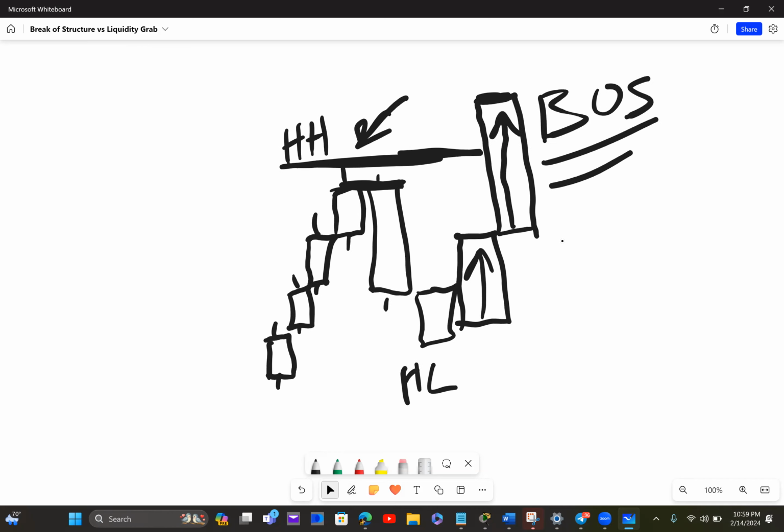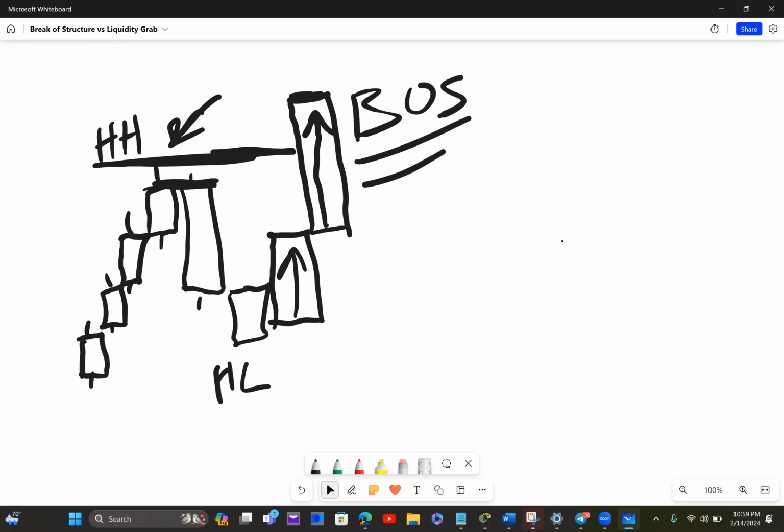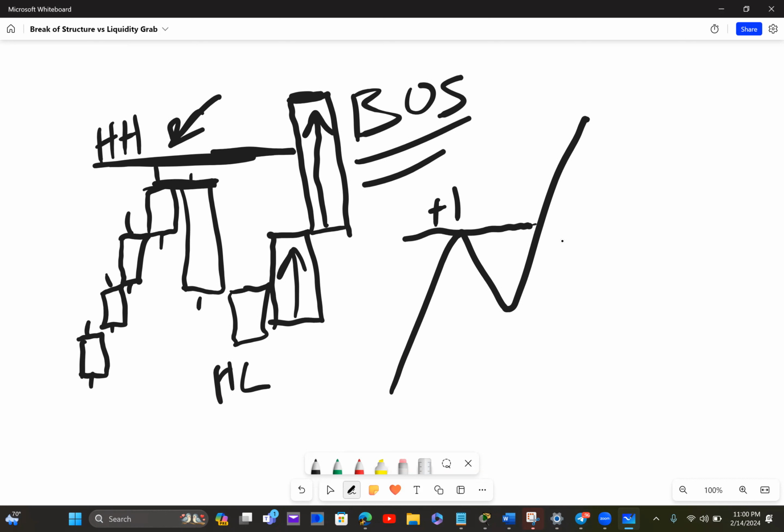That's what that is. Y'all see that? That will be a break of structure. This is your high. Once that candle breaks above here and closes above here, BOS.